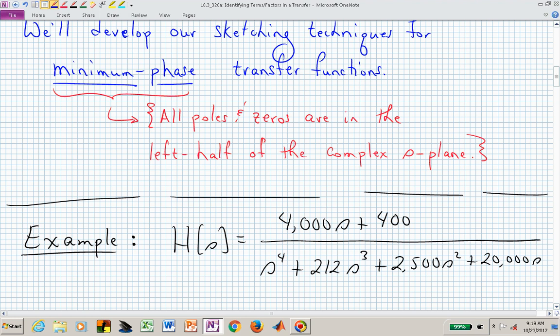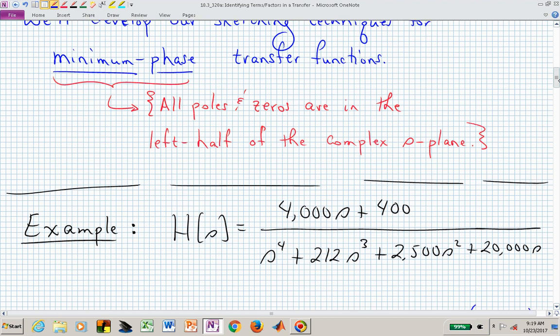Let's illustrate that. It's probably easier to think about this by looking at a concrete example. Suppose you're given the following transfer function, H of s, and you might just look at this very quickly and start to uncover some elements that can guide your thinking as you're sketching the Bode plots.